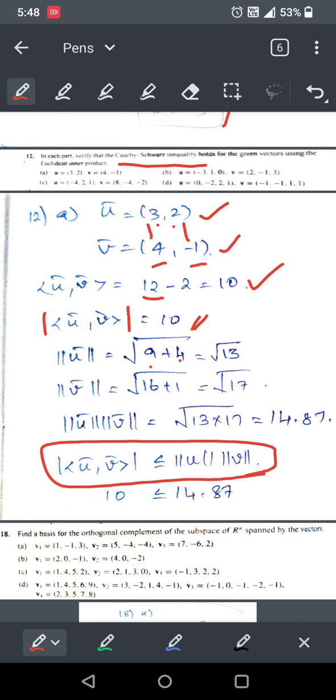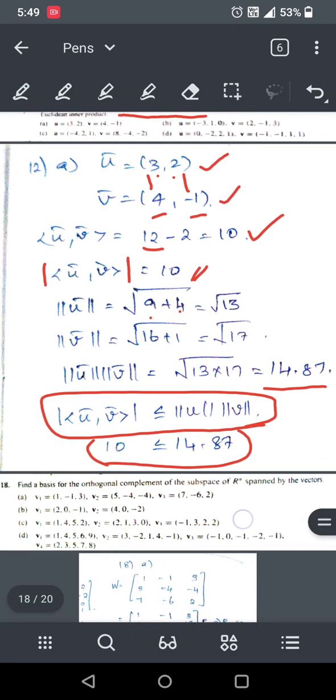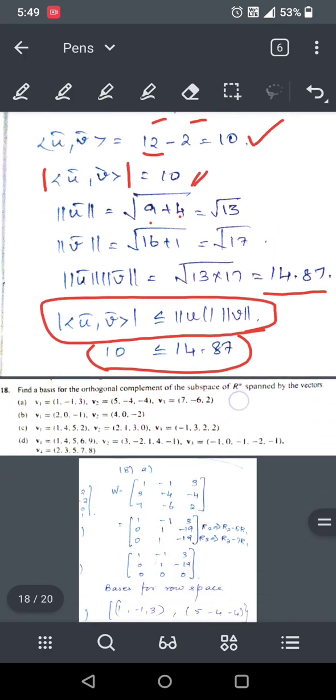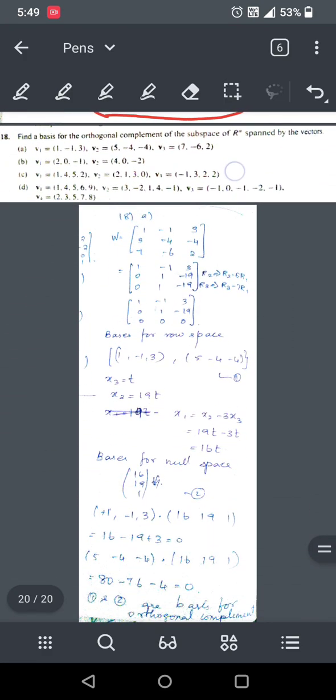And norm u multiplied by norm v, when you make use of the calculator, you will be getting 14.87 as your answer. So what we are ending up with is 10 is obviously less than or equal to 14.86. Hence the Cauchy-Schwarz inequality is verified.